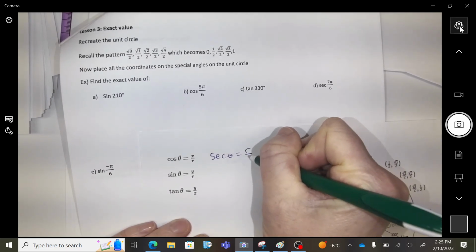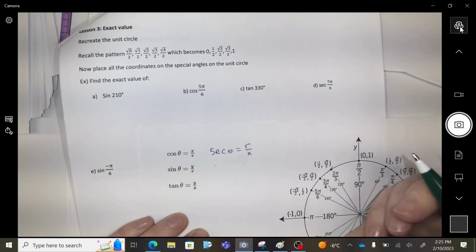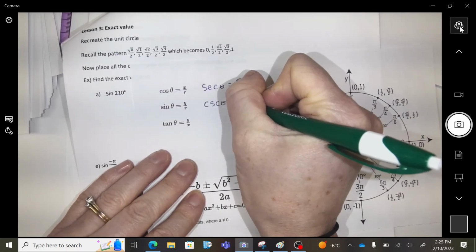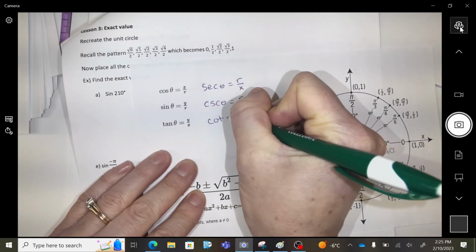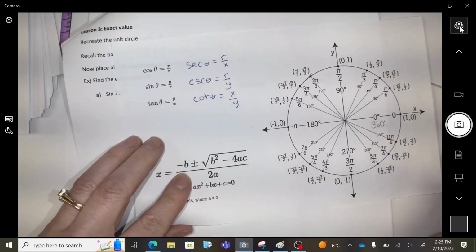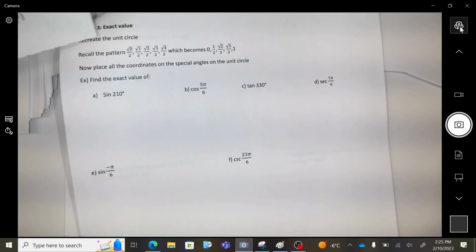So that would be R over X. Sine is the flip of cosecant. So that would go R over Y. And cotangent is the flip of tan. Okay? So using the unit circle and the 6 ratios, this is how you do it.